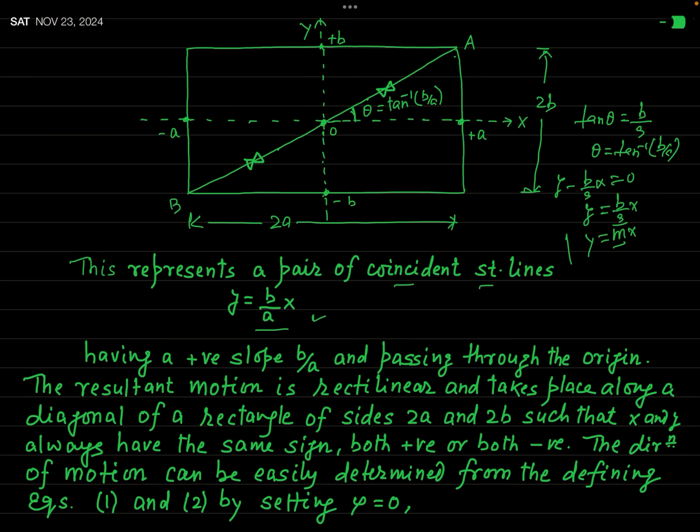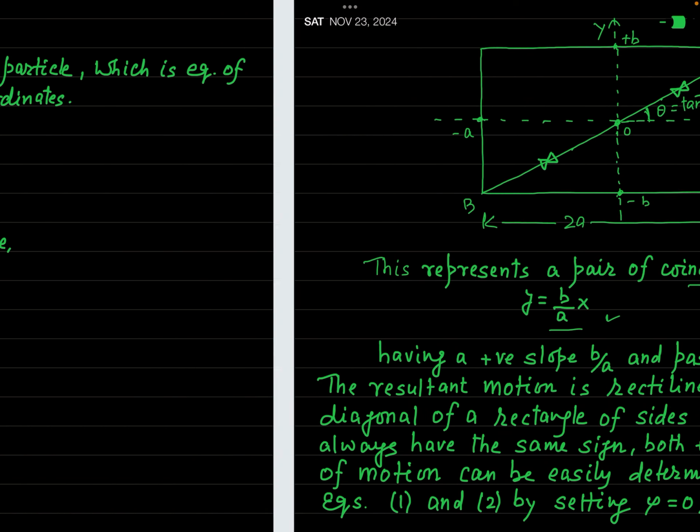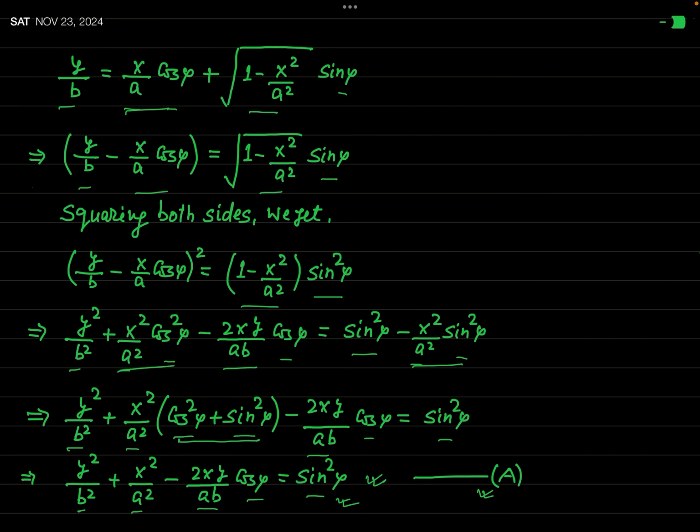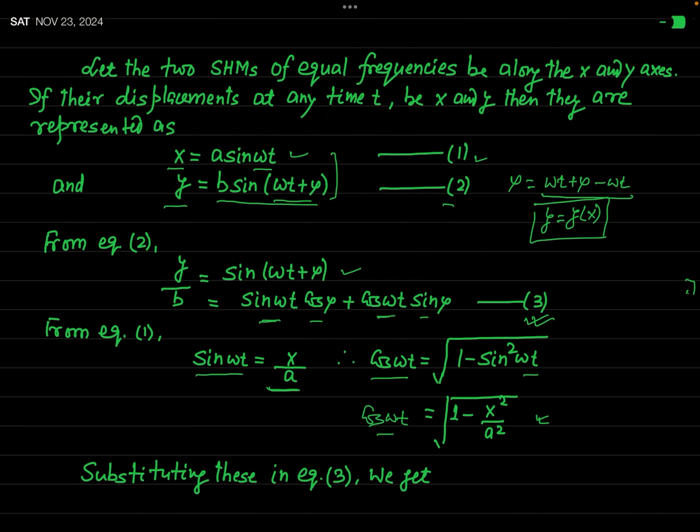So actually, when phi is equal to 0, then immediately you can see from this equation, if we take phi equal to 0, our equation will be x equal to a sine omega t, and y equal to b sine omega t.